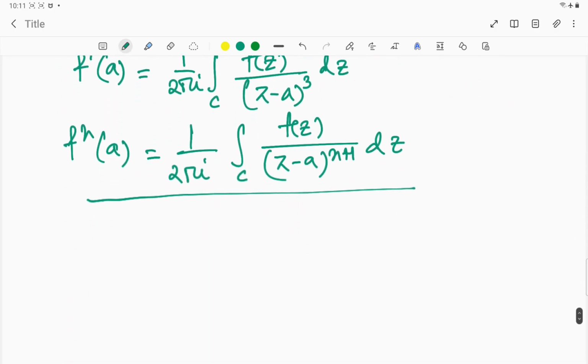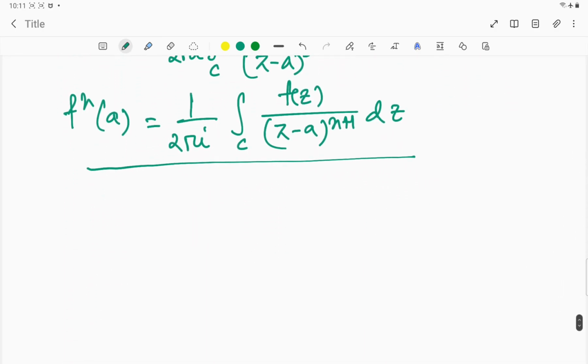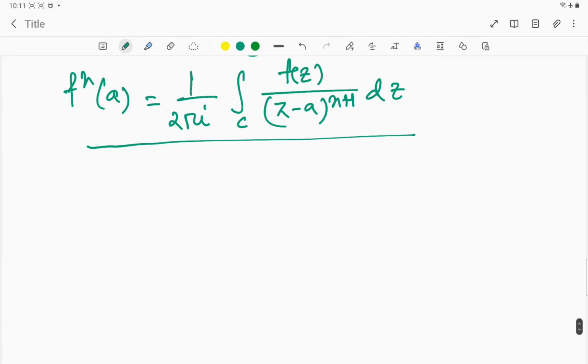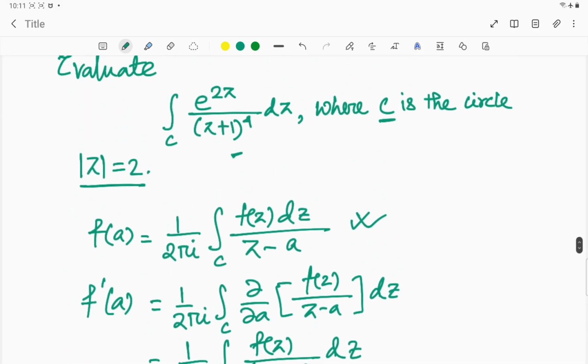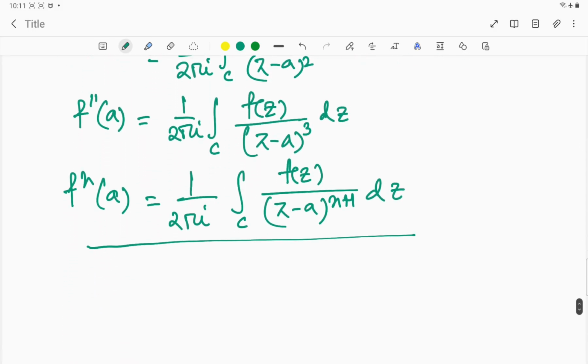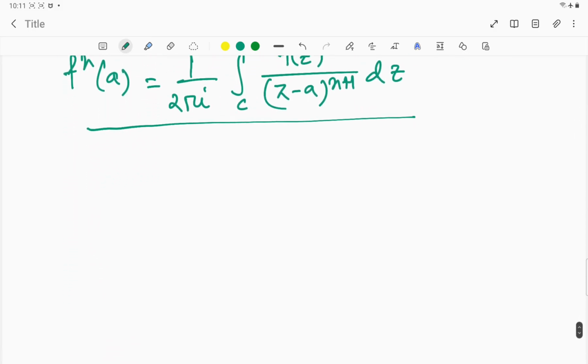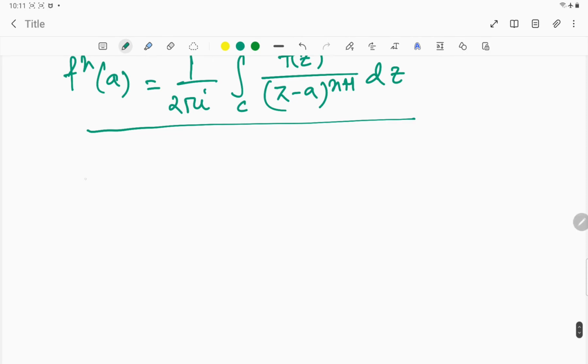So let's see. So yeah, mod z is 2. Today our f(z) is equal to e to the power 2z.